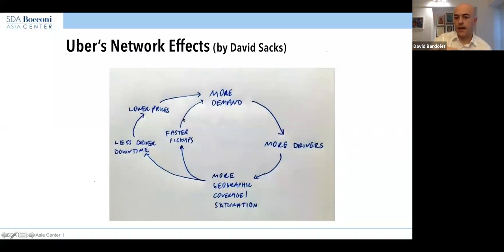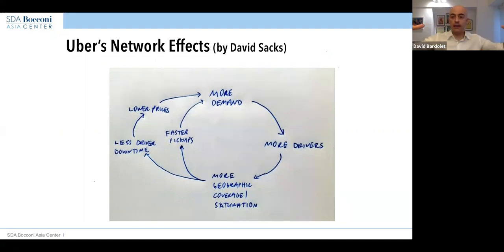The more demand, the more drivers are attracted to work for Uber. And the more drivers are attracted to work with Uber, the more geographical coverage Uber gets. Right? The more density of drivers and the wider the reach of the network of drivers.